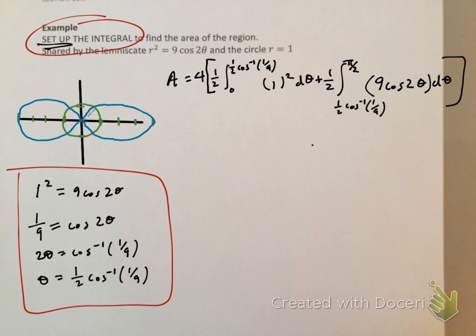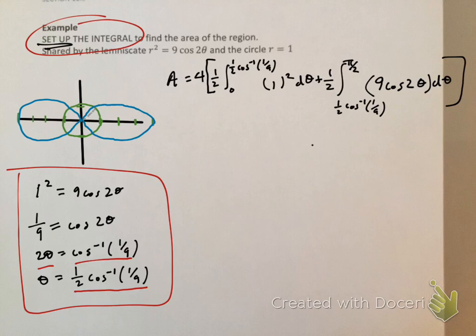So I'm solving for cosine 2 theta. 2 theta is equal to this because I don't know what the heck the angle is, and I'm not going to get a calculator out and write that in decimal numbers and radian measure. There's no way you're going to make me do that with a calculator right now. And so I have to divide by 2 or multiply by 1/2, so that's what theta is equal to.